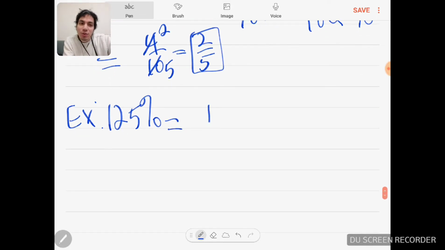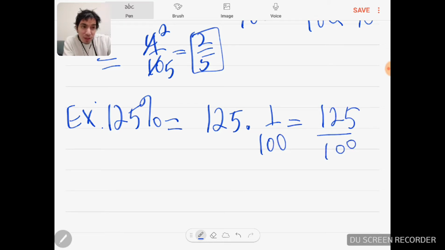Same goes for this case. I write 125 times 1 over 100, which is 125 over 100. That means I get to reduce, not by 10, because 0 and 5 don't cancel out, but 5 can go into a number that ends with a 0 and a number that ends with a 5 as well.